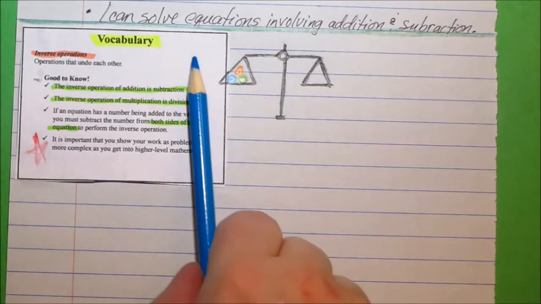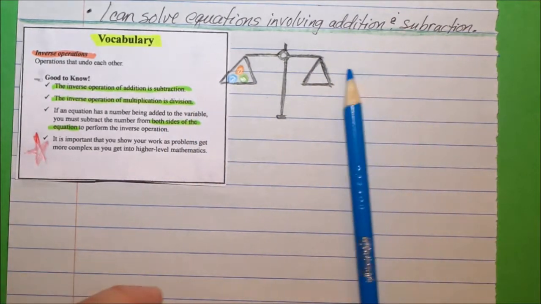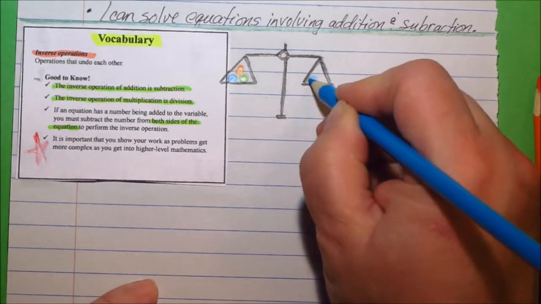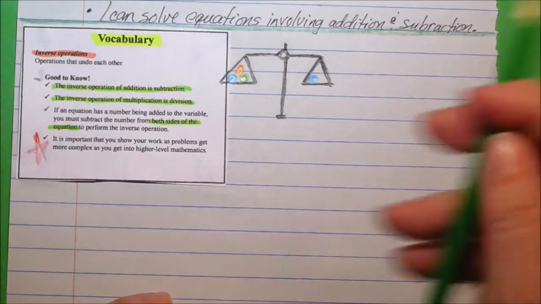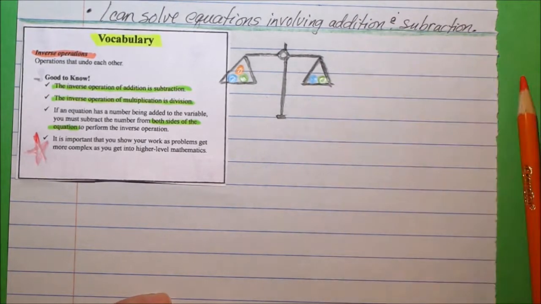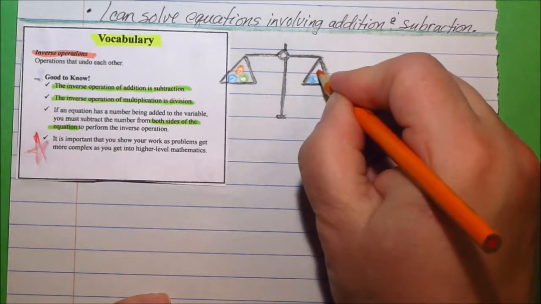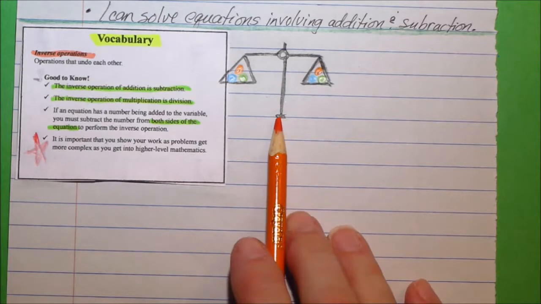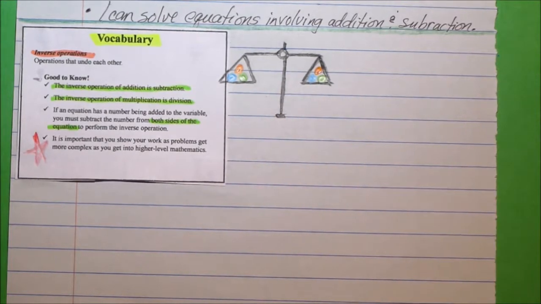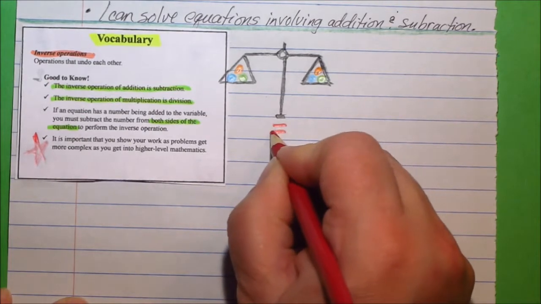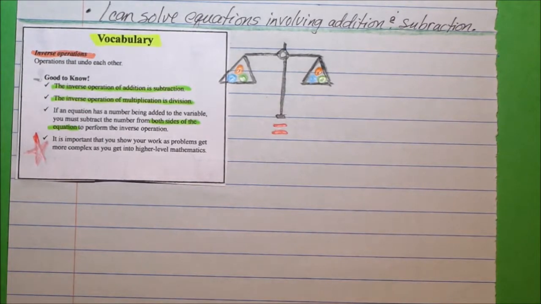And as you can see, this scale is in balance, so I must have the same thing on the other side. My light blue marble, my light green marble, and my orange marble. All right? Now, because on each side I have exactly the same thing, that means this scale is equal. It is in balance. Okay? All right, that's our first one.